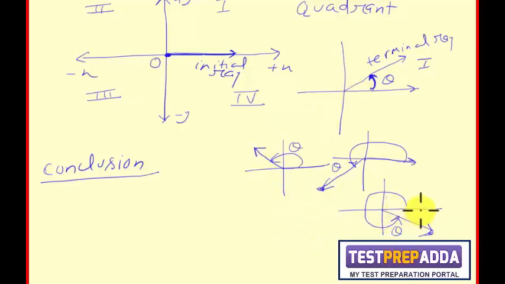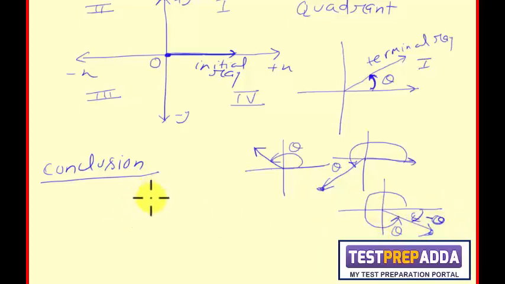If you rotate in the clockwise direction, this will not be theta, this will be called minus theta. As we discussed earlier, this rotation is clockwise, and that is why it is considered a negative angle.